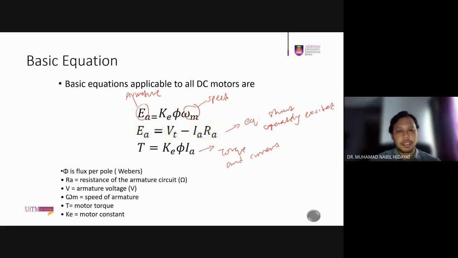Flux is the flux per pole in Webers, RA is the armature resistance, omega is the speed of the armature, T is the motor torque, and K is the motor constant.